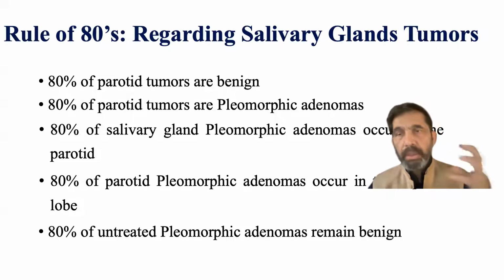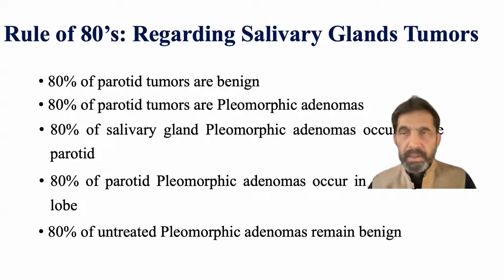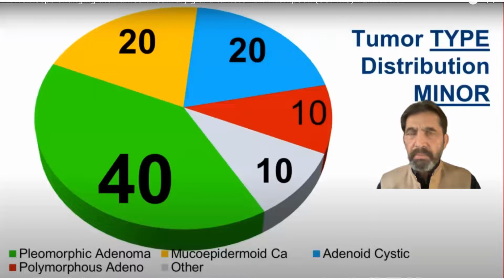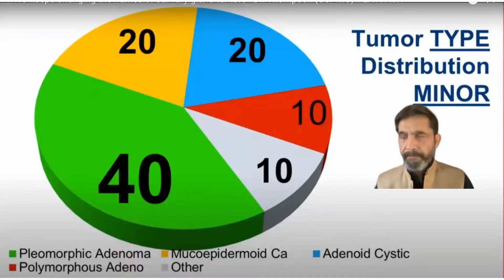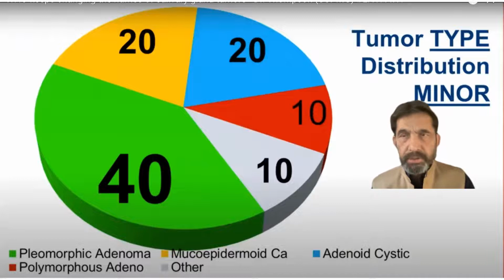Mostly in the major lobe, and a very small number in the tail. 80% of untreated pleomorphic adenomas may remain benign. The tumor may reappear if incomplete surgery is done.